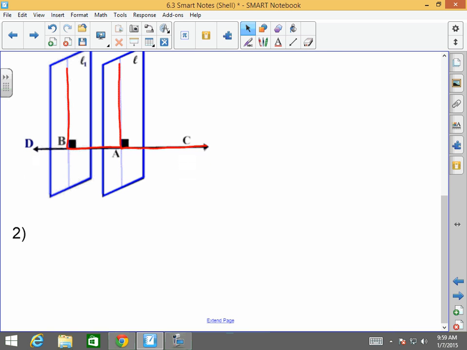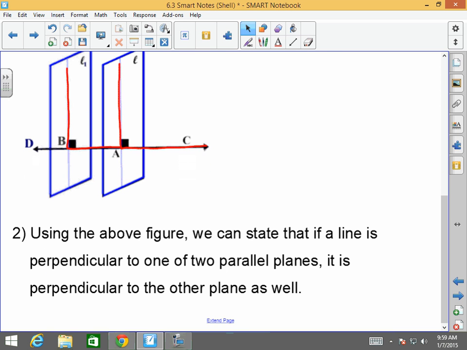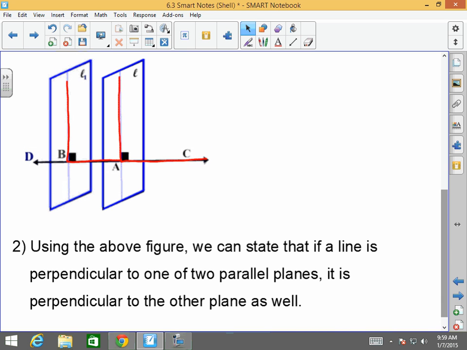Number two, using the above figure, that's why I'm keeping the above figure here, we can state that if a line is perpendicular to one of two parallel planes, it is perpendicular to the other plane.